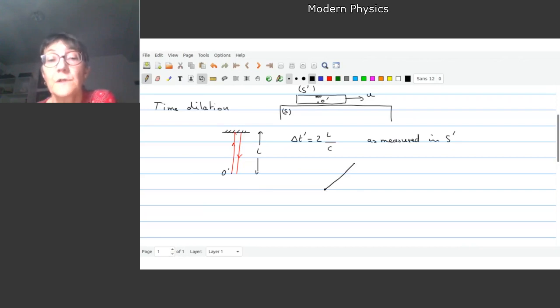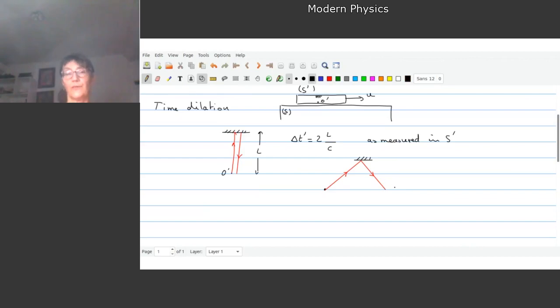The train is traveling, so the light will do that. I will put it in red. So this is the light. You have your mirror here. This is the first event, light is emitted, and the second event is light is detected back.